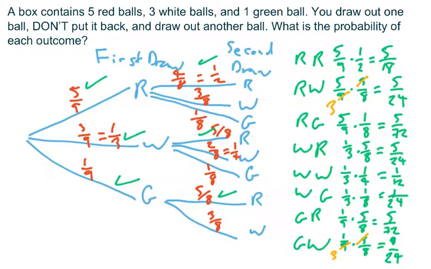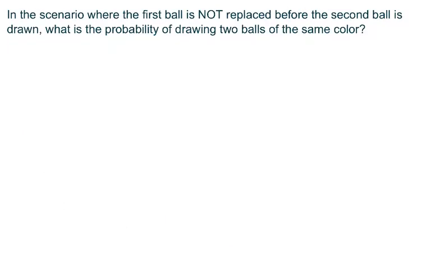I'm going to do one follow-up question based on this chart that you see right here. So going to another screen, in the scenario where the first ball is not replaced before the second ball is drawn, what is the probability of drawing two balls of the same color? So we're going to have to look back at this, but remember we had red balls, white balls, and green balls, but there's only one green ball.